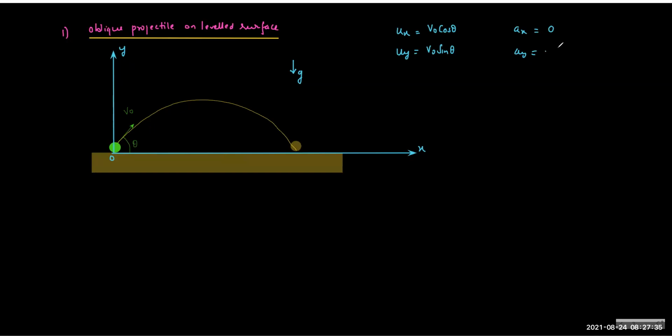Minus g. Very good. So now we know our components, and therefore we are good to go with all the kinematical equations in these two mutually perpendicular directions. So the first question is obvious, and that is: find time of flight.